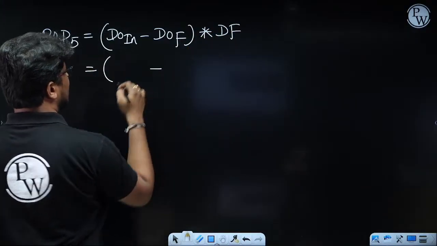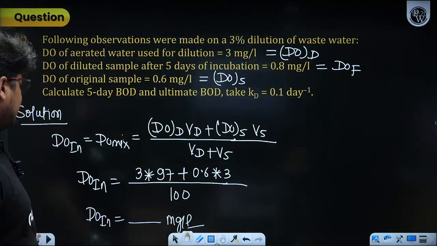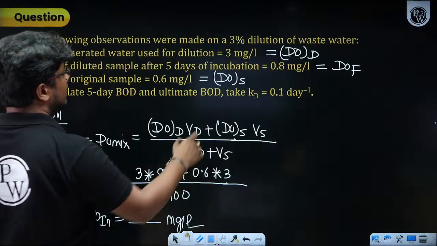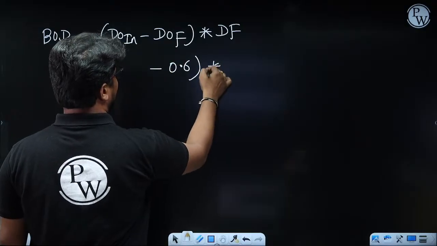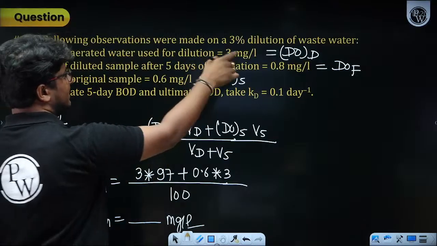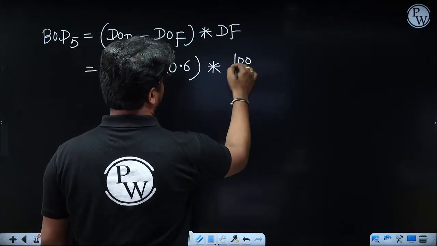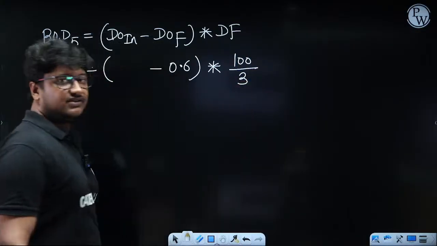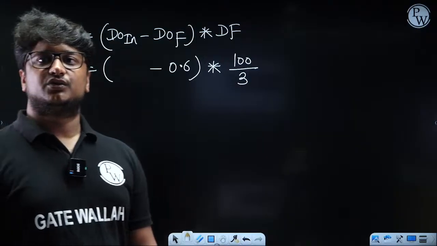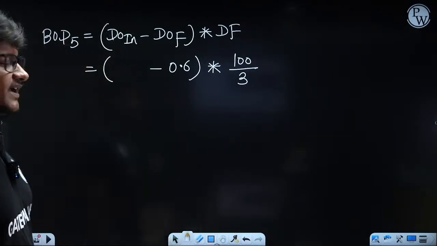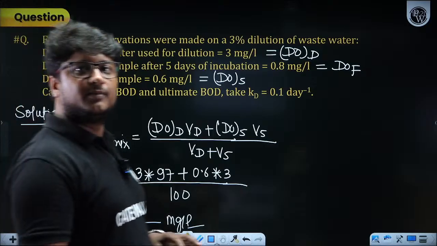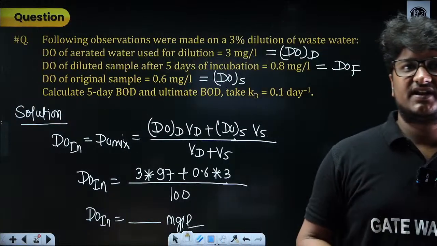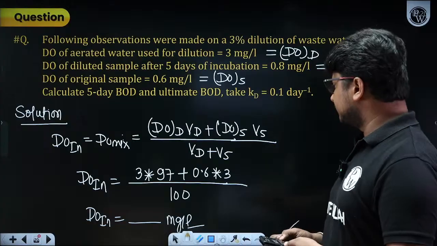DO final is already given to you, which is 0.6, and for the 3% dilution, the dilution factor will be 100 divided by 3. So how much initial DO are you guys getting? Only Himanshu has answered. Waiting for other guys to answer so that I can match the answer.